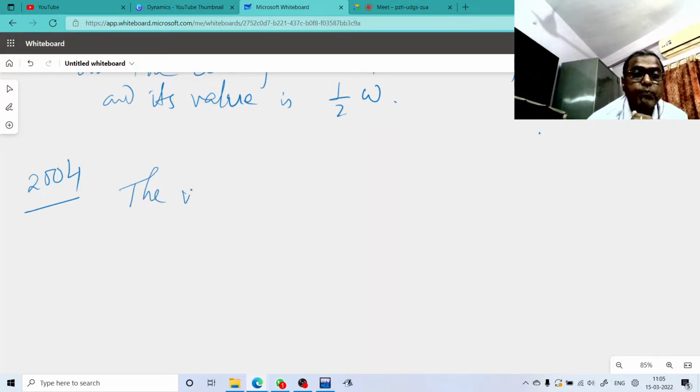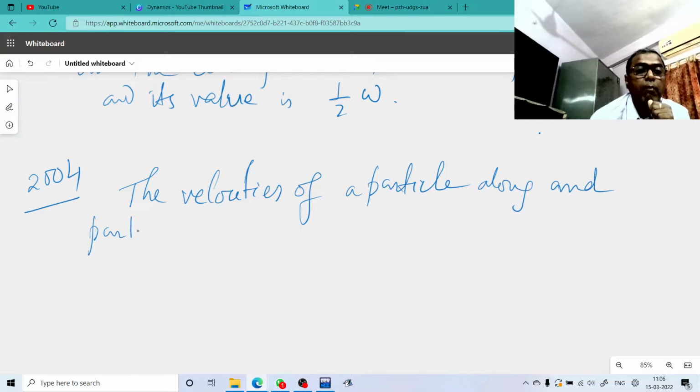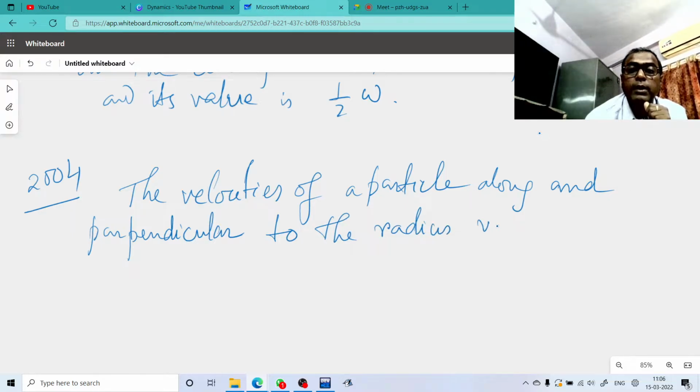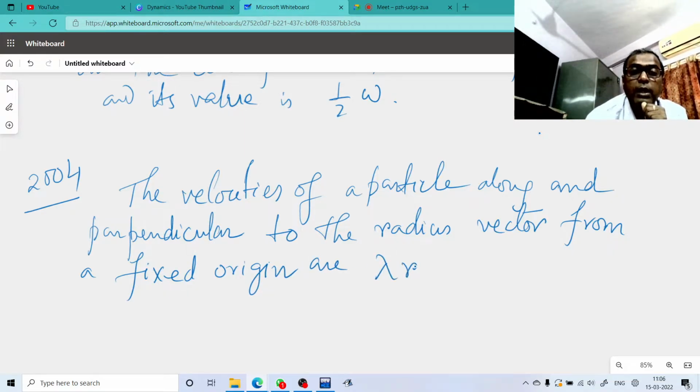The velocities of a particle along and perpendicular to the radius vector from a fixed origin are λr and μθ.